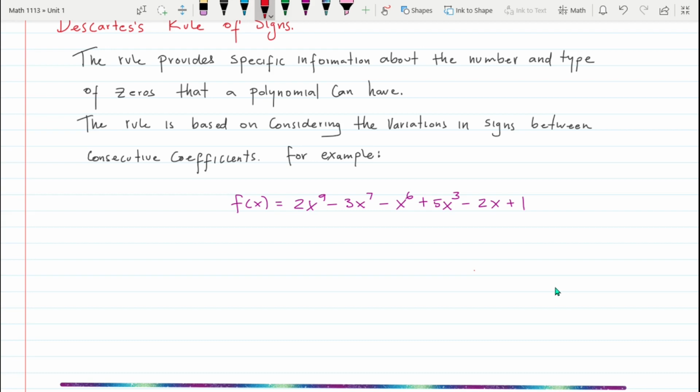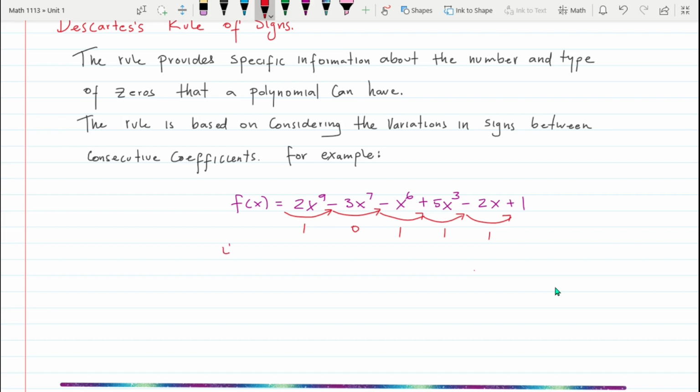So it goes from positive to a negative. That counts as one sign change. Negative to negative, that counts as no sign change because it stays the same. Then from negative to a positive, that is considered one sign change. Positive to negative, that is considered another sign change. And from negative to positive, that is one sign change.